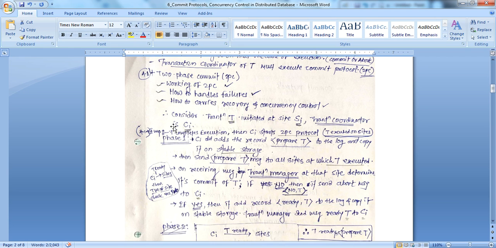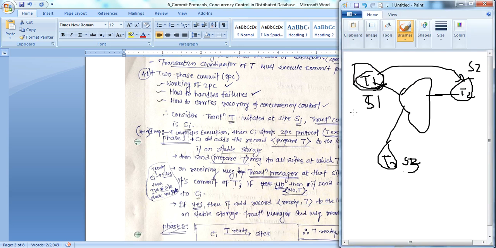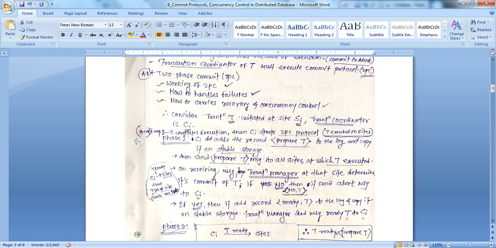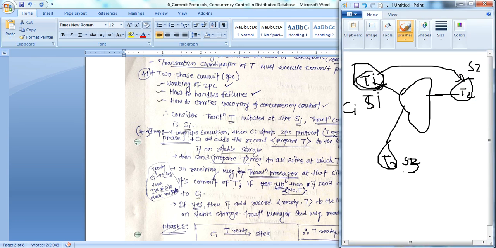Now consider transaction T is initiated at site Si, and the transaction coordinator is Ci. For example, transaction Ti is generated on Si, and the transaction coordinator is Ci.